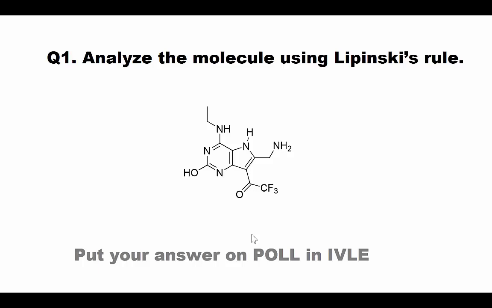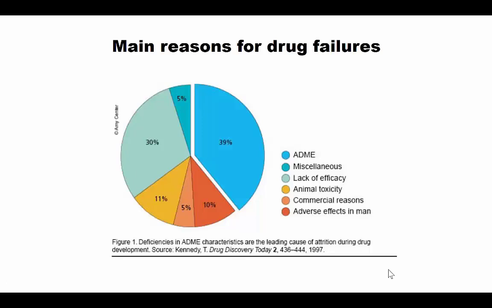Then you can judge, following the Lipinski rule, whether this molecule is drug-like or not. So this is your first quiz. Put your answers in the poll in IBLE. How was your analysis for the Lipinski rule? Was the molecule drug-like or not?